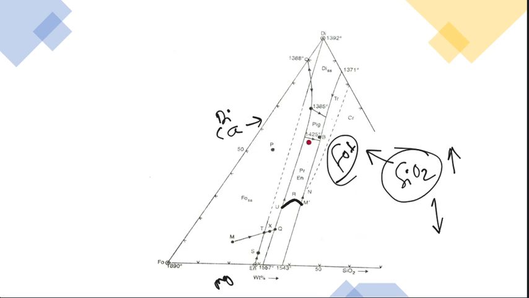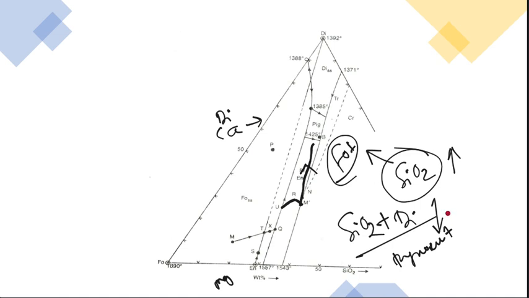Okay, so now what will happen? Now this crystallization path will follow this path, and continuously diopside and silica will crystallize. Pyroxene and silica polymorphs will get crystallized, and the crystallization will go this way.